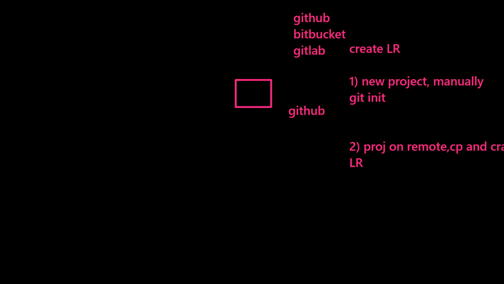Whatever you push, only your team members will see, even though it's private. Don't compare private with local repos. I got your confusion. See, local repository is different. Remote repository is different. In the remote, you will have public and private.